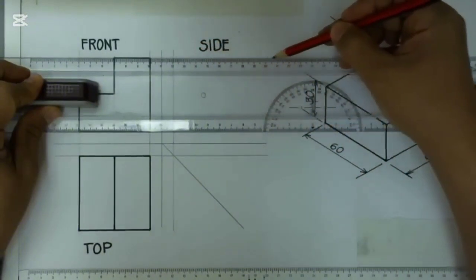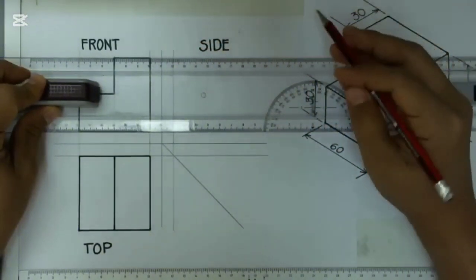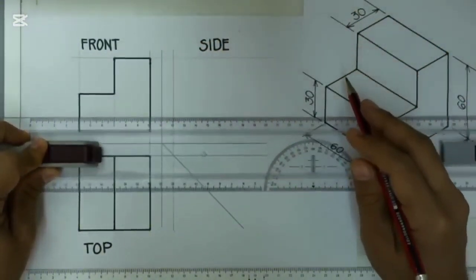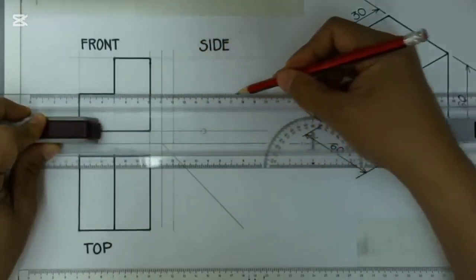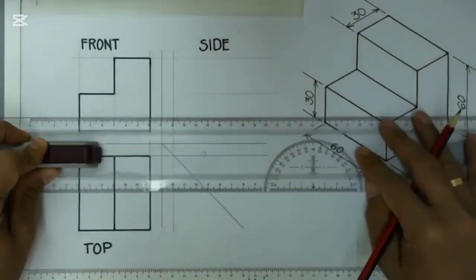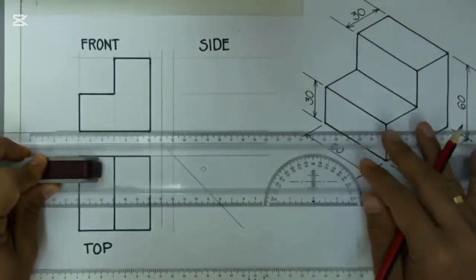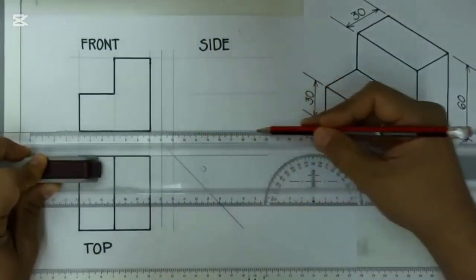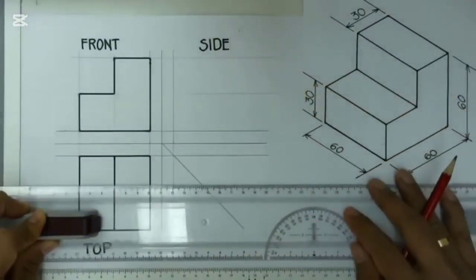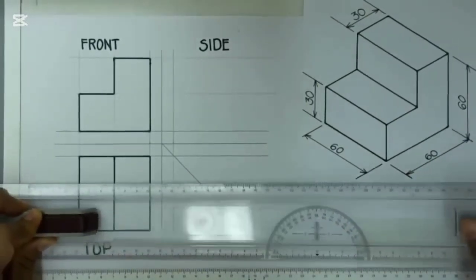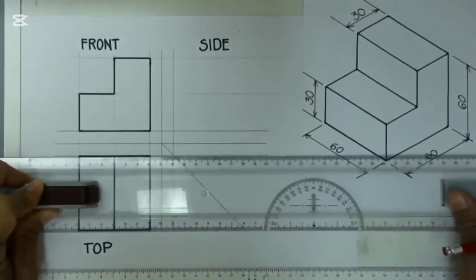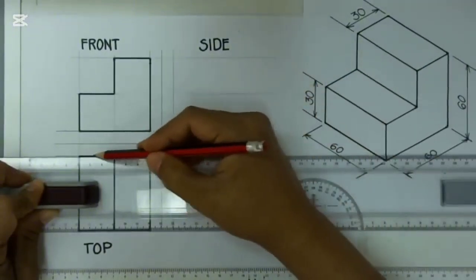Project or extend. Light lines only. Extend. And now, from our top view, going to the projection line.